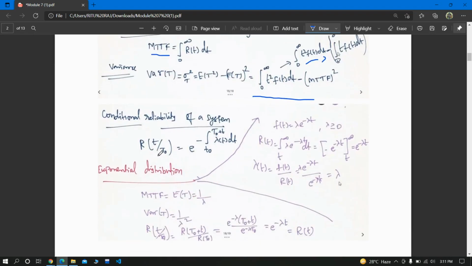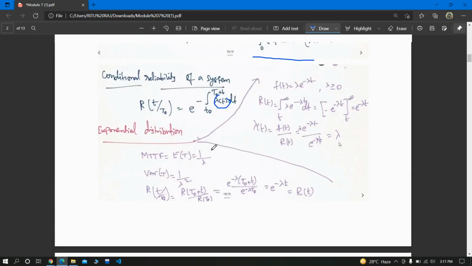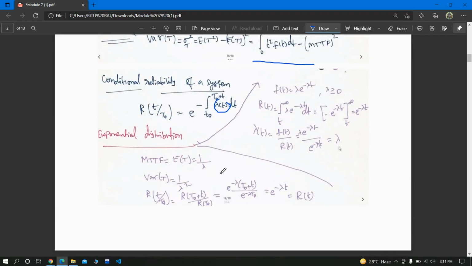So the conditional reliability of a system, R of t given t naught, is given by e to the power minus the integral from t naught to t naught plus t of lambda t, the hazard function, dt. This is for the exponential distribution, and they have just derived it, so we don't need to remember all these.